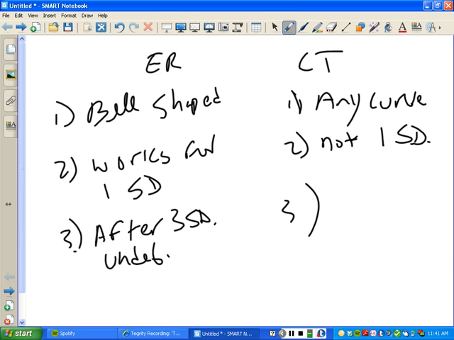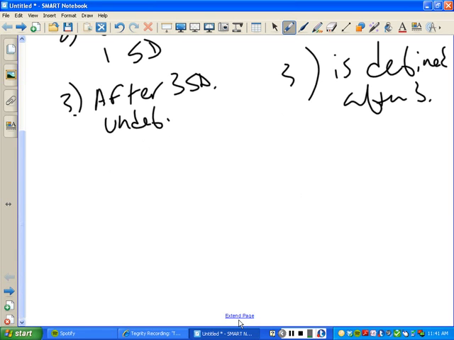However, Chebyshev's theorem is defined after 3, right? Because you have a formula. Okay. What else is different between them? Fourth difference. The empirical rule gives you values.